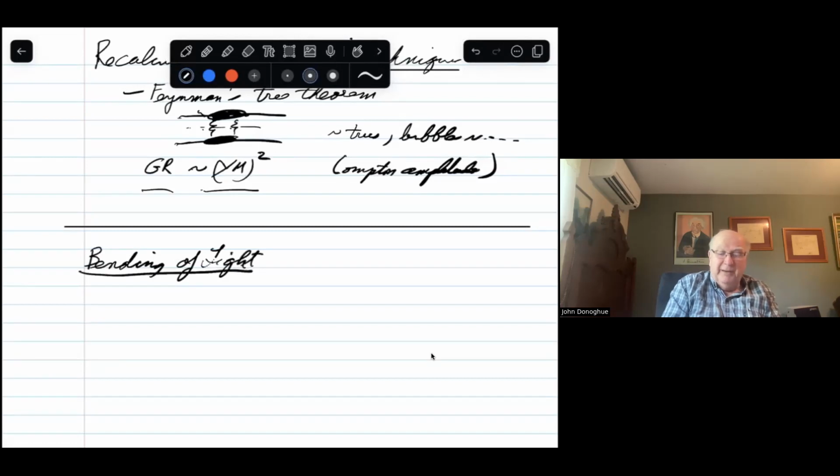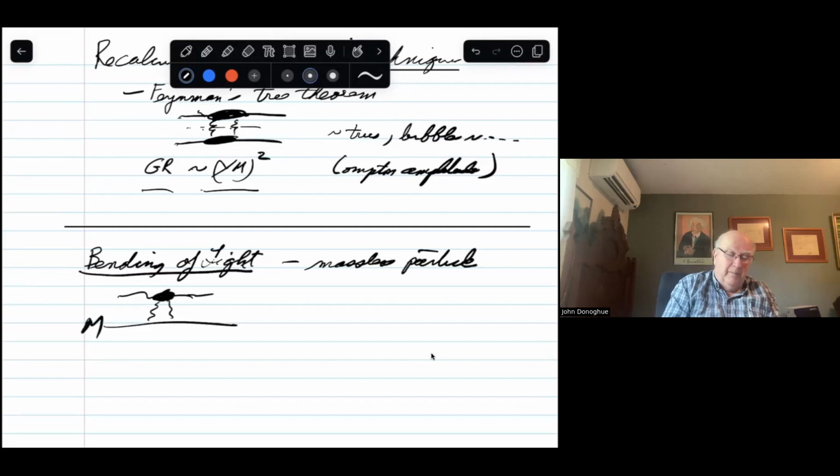In other words, this is massless particles. You basically take photons or scalars or gravitons coming along and a massive particle, and you do the cuts and you get out the scattering amplitudes.